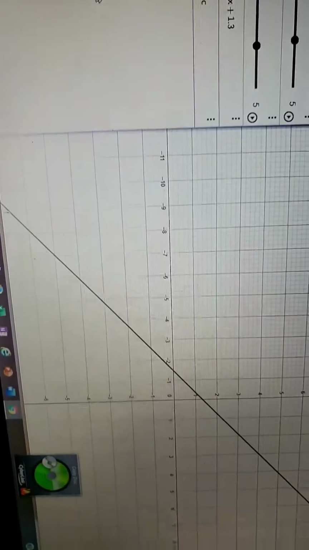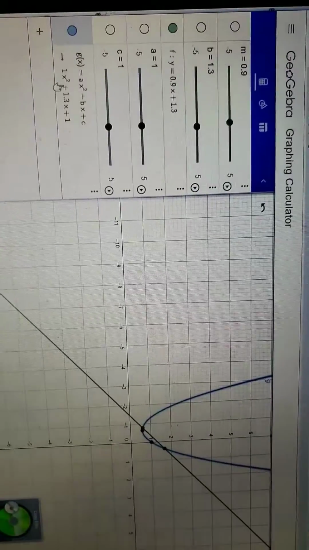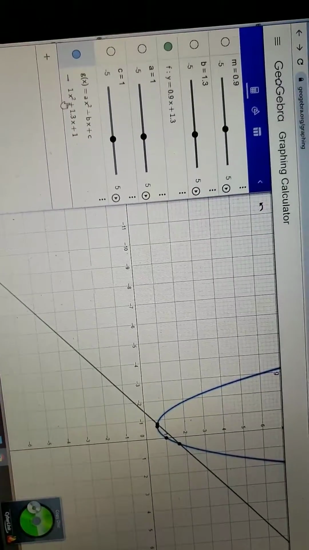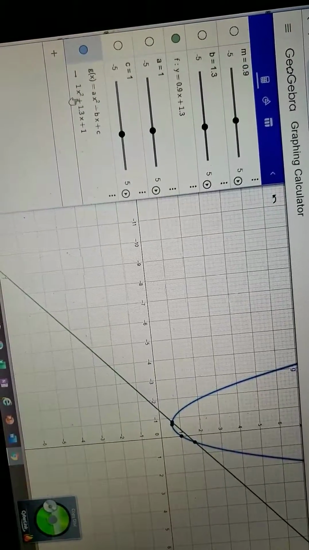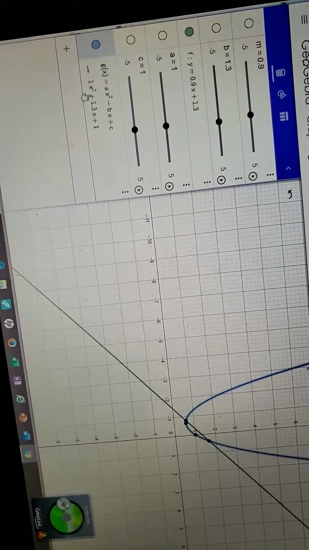So let's see. I press the enter button. Okay. So I created it.